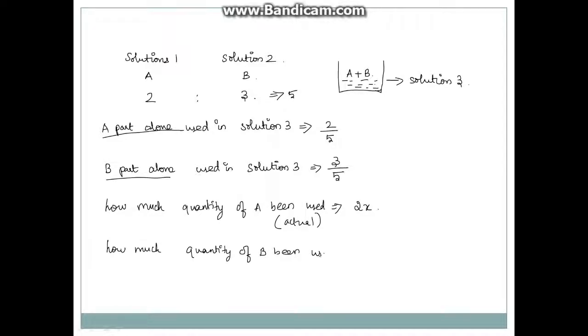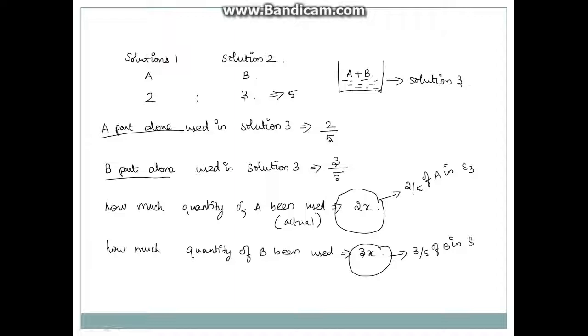This is also 3x. So from the actual quantity of 2x, they have used 2 by 5 parts of A in solution 3. Likewise, from the total quantity of 3x, they have used 3 by 5 parts of B in solution 3. This is the actual thing you need to remember while calculating ratios.